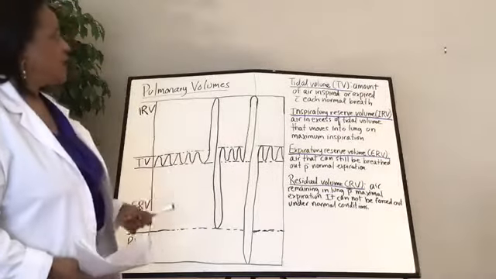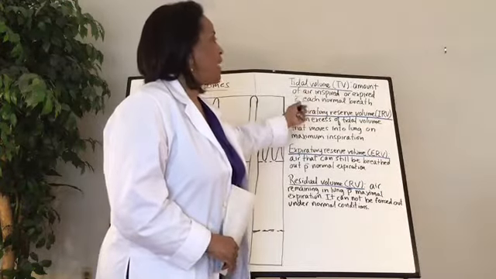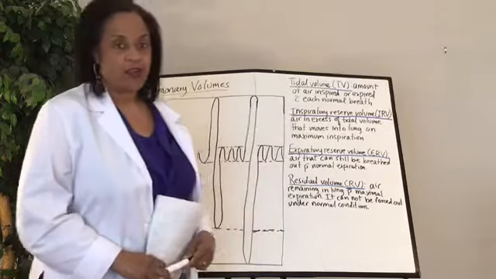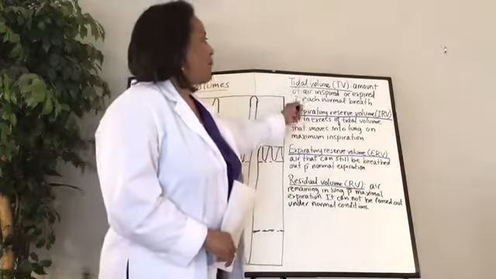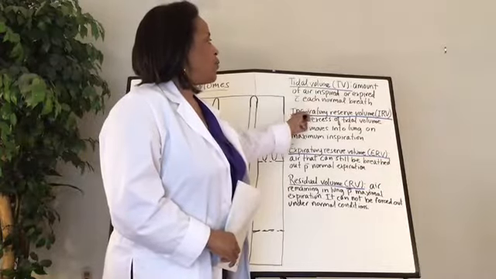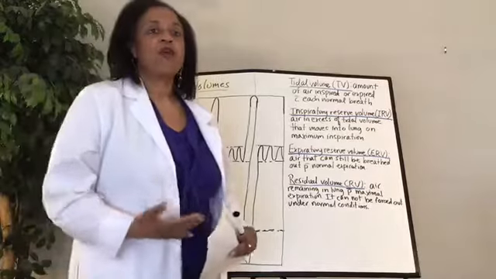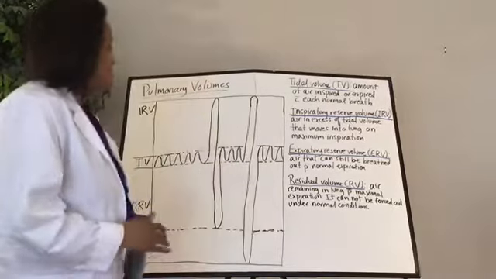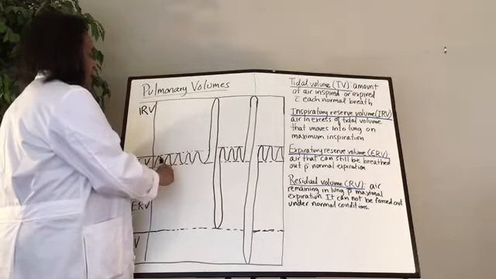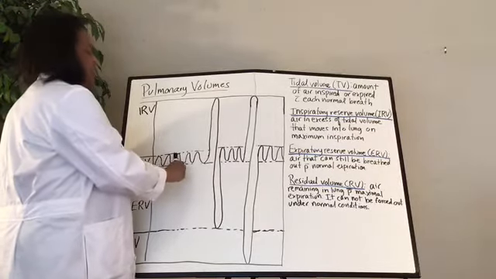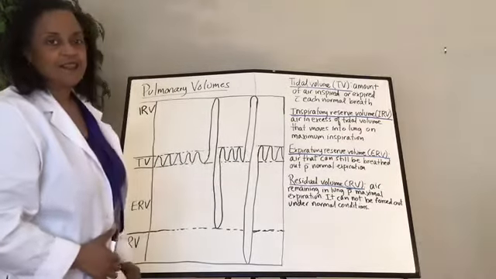So let's look at tidal volume, or TV. Tidal volume is the amount of air inspired or expired with each normal breath. So, in other words, that is the way we normally breathe. Here's tidal volume, breathing in, out, in, out. So you get the gist of this?